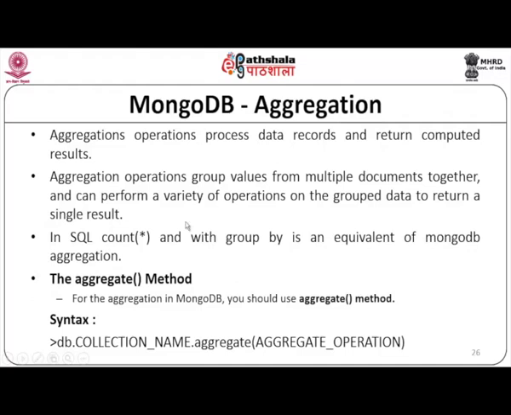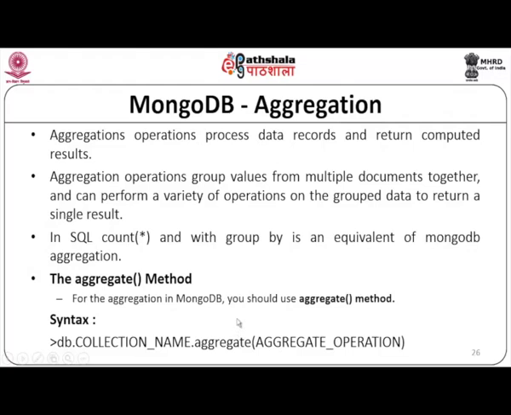Then the last type of operation in MongoDB is aggregation. Aggregations help in processing the data and computing the results. Aggregations are similar to SQL functions like count or average. To call an aggregation in the MongoDB environment, you have a method called the aggregate method.